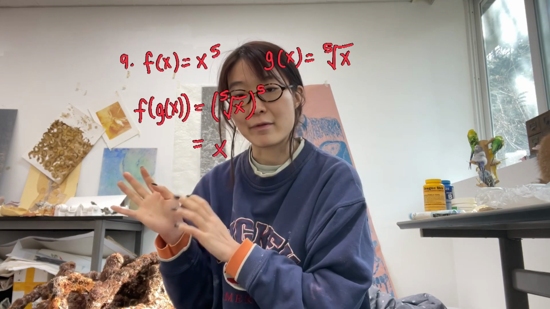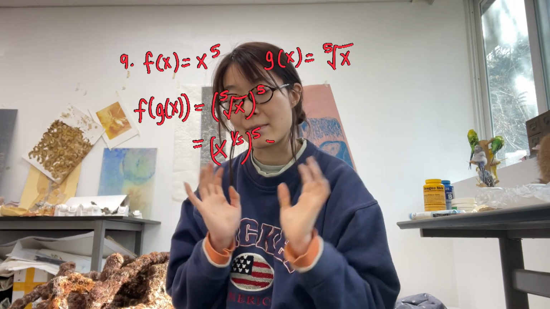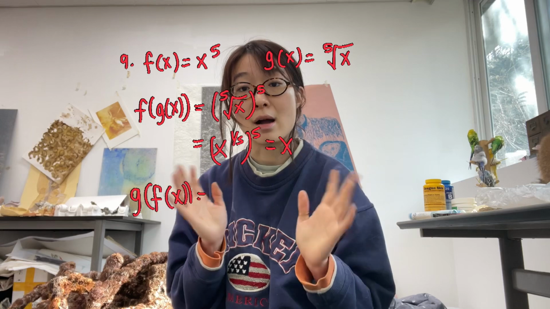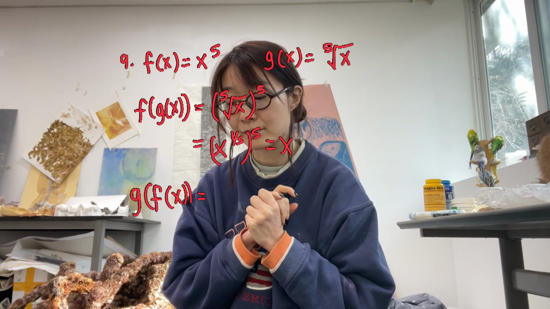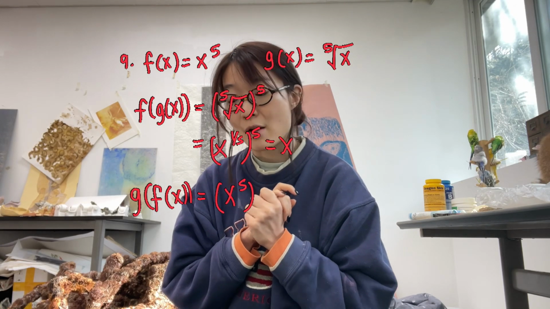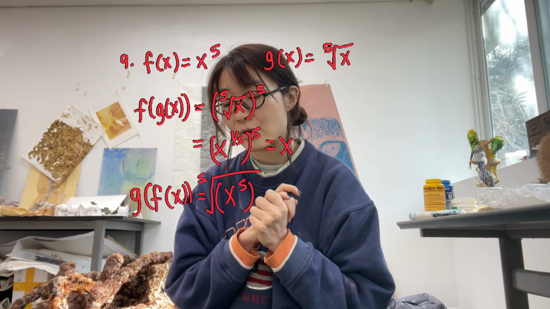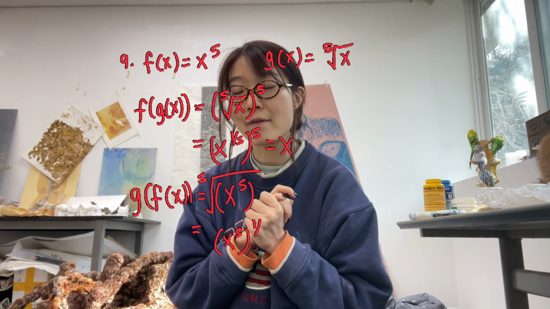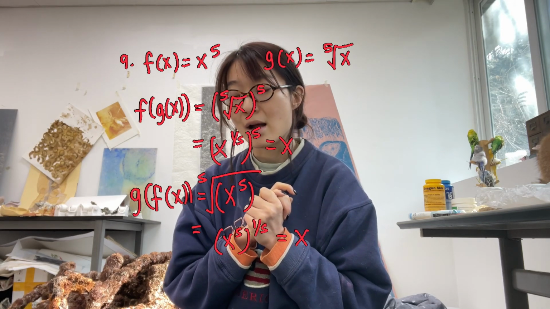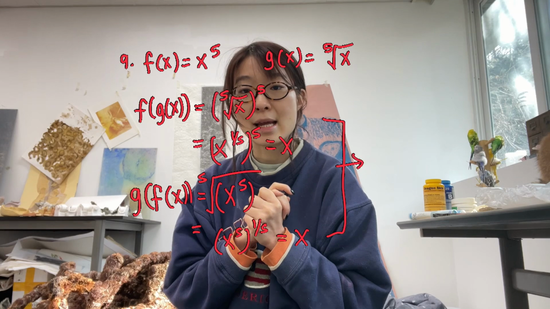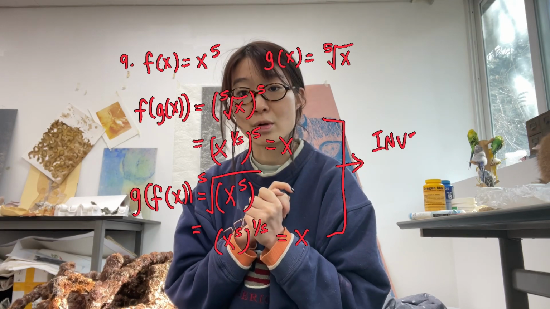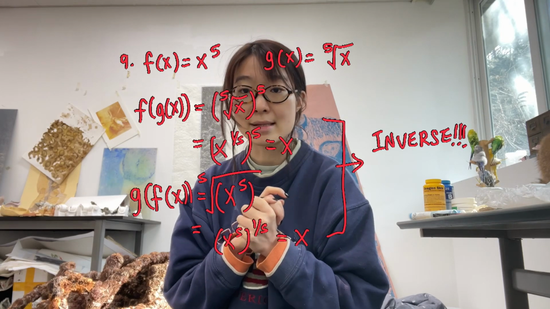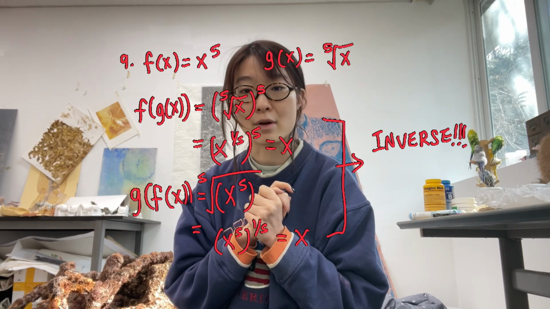Now, the composite f of g of x would be the 5th root of x raised to the power of 5, so therefore that would give me x, and g of f of x would be x raised to the power of 5, and that is under the 5th root, so therefore it would also give me x. So I know that these two functions are inverse.